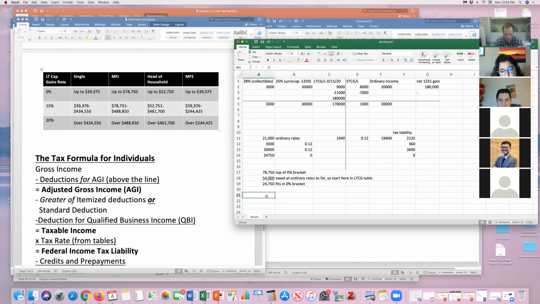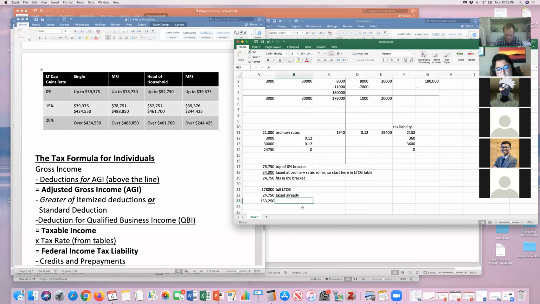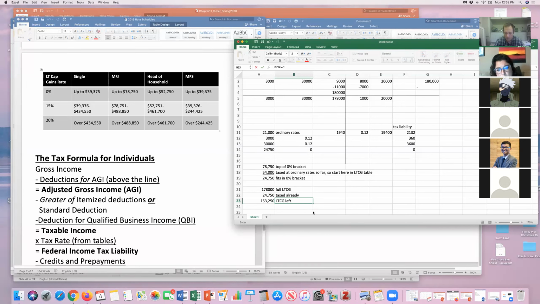This is my full long-term capital gain, and 24,750 is taxed already. So I've got this minus this. There's this much long-term capital gain left, about 153,000.